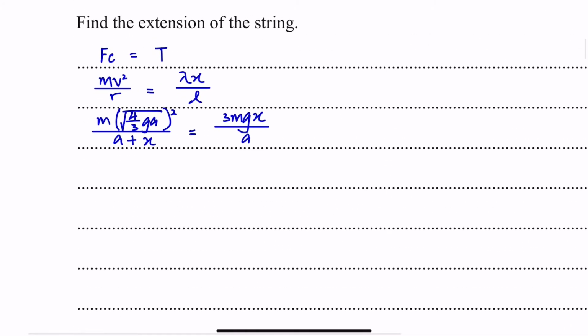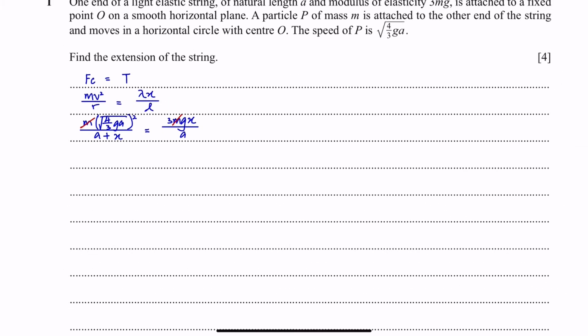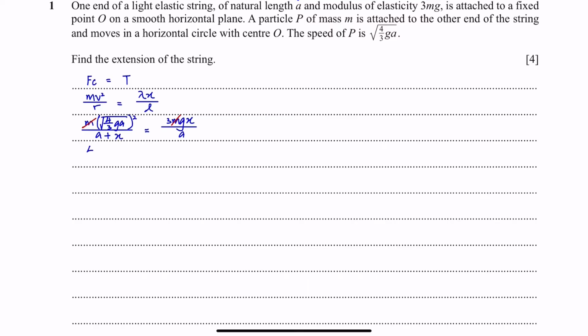So now we can start simplifying this to find x. So we can cut this off. And now we have 4ga over 3 times a plus x on the left hand side. And for the right side, we have 3gx over a.